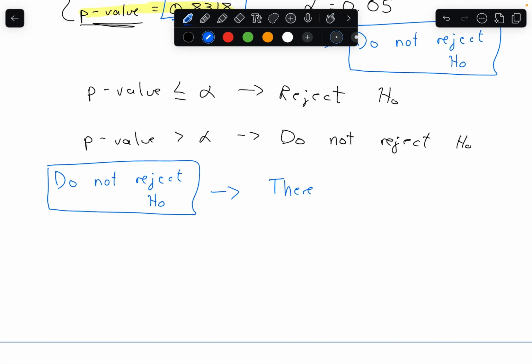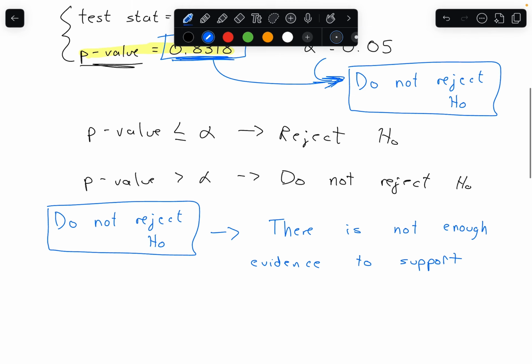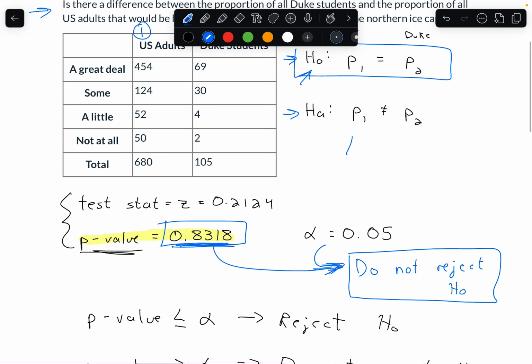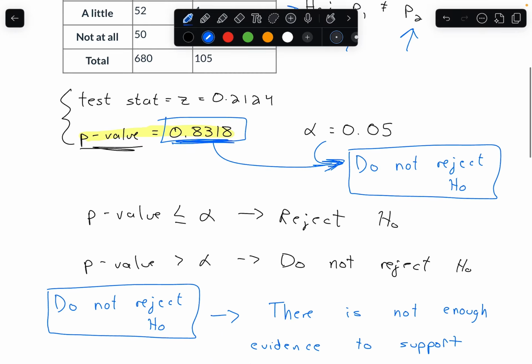There is not enough evidence to support, and now I'm going to reference the alternative hypothesis. What was the statement that we were making here? Well, we said the proportion of U.S. adults is not equal to the proportion of Duke students that would be bothered a great deal by the melting of the northern ice cap.